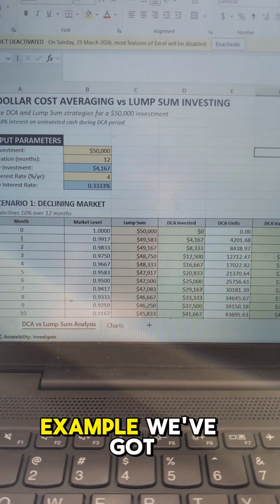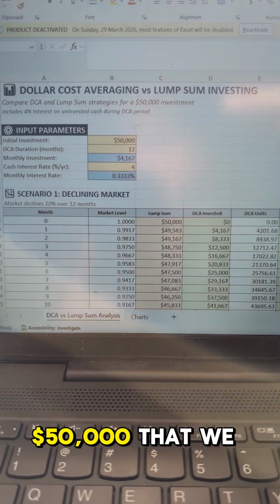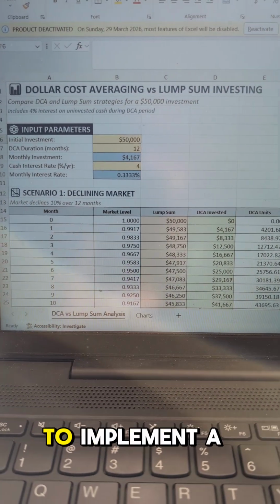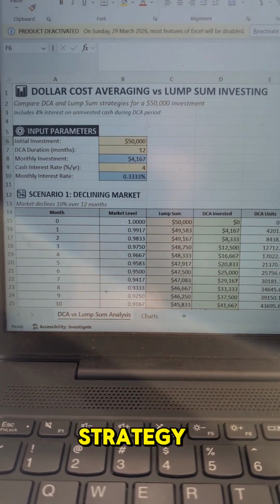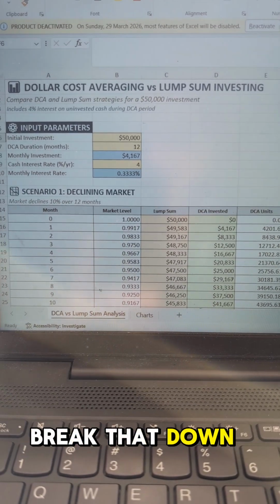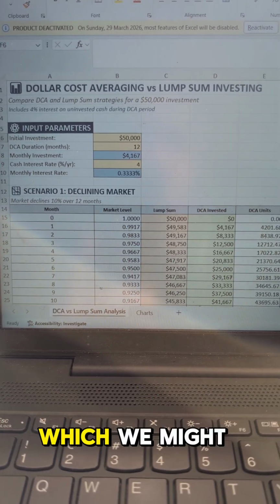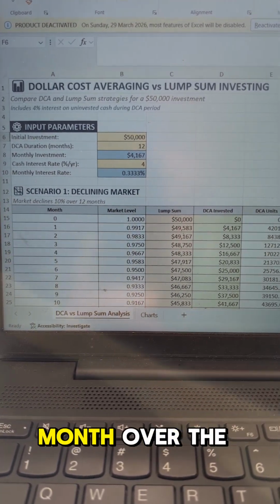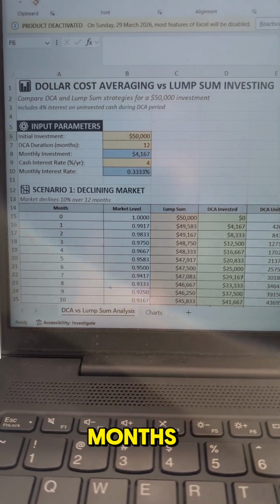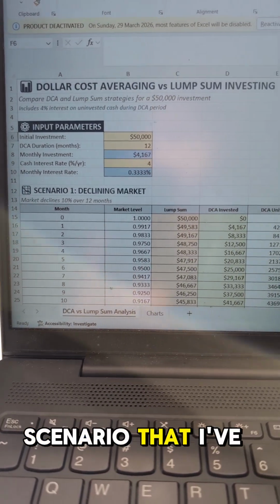So how exactly does it work? Well, say for example, we've got $50,000 that we want to invest. If we're going to implement a dollar cost averaging strategy, we're going to break that down into bite-sized pieces, which we might invest every, say, month over the course of 12 months. That's the exact scenario that I've run here.